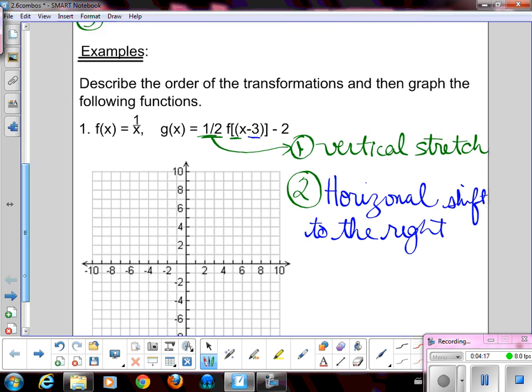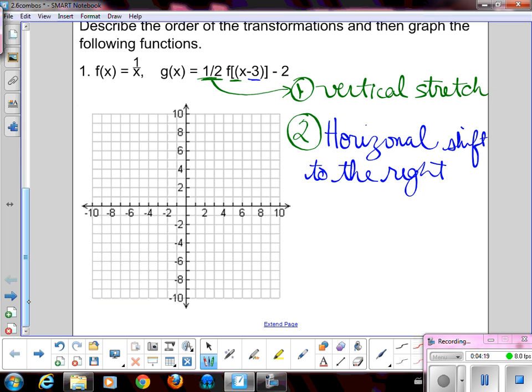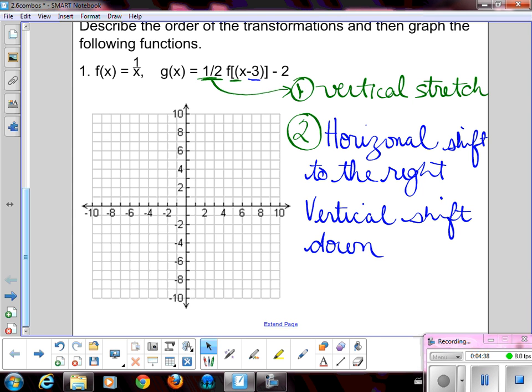And we also have a vertical shift down. Okay, so these two, the horizontal and vertical shift, they don't have to be done in a particular order between the two. So in order to now graph this function, I'm going to start with the parent function.